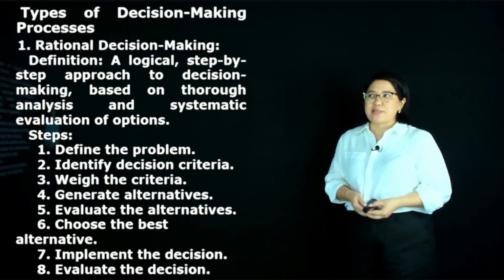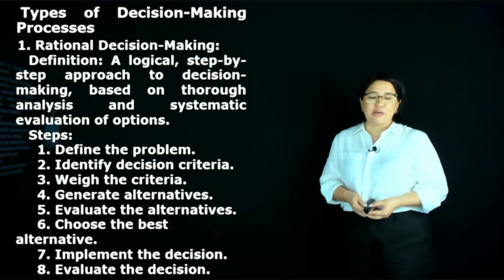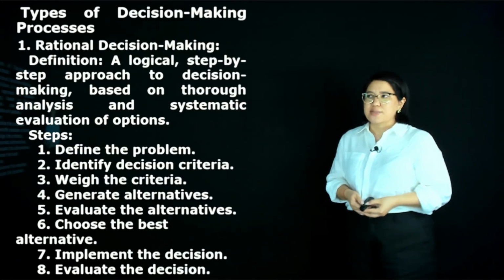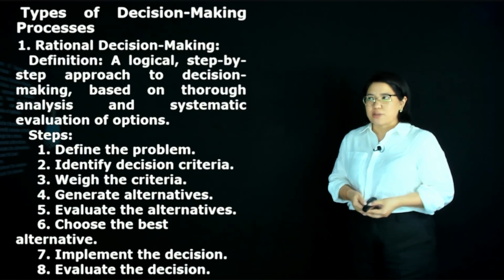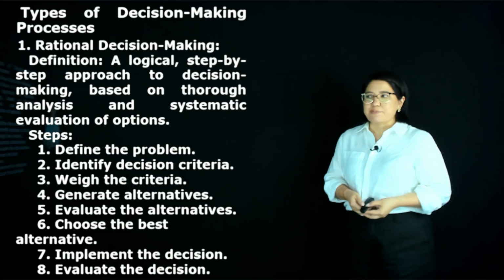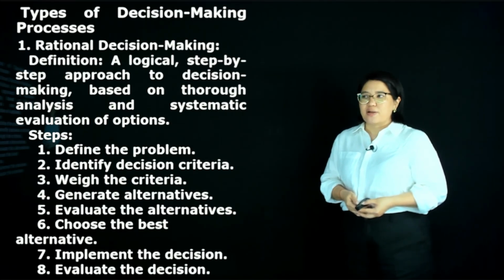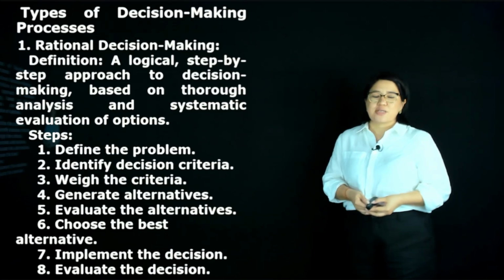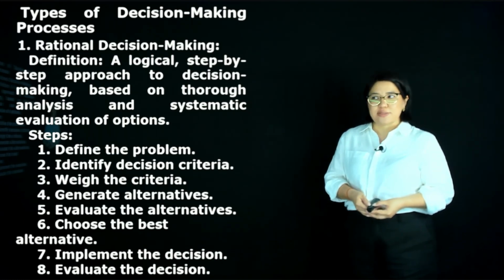It means a logical, step-by-step approach to decision-making, based on analysis and systematic evaluation of options. The steps of this type are: define the problem, identify decision criteria and weight the criteria, generate alternatives, evaluate the alternatives, choose the best alternative, implement the decision, and evaluate the decision. You can see that the last one is monitoring and control of this process.